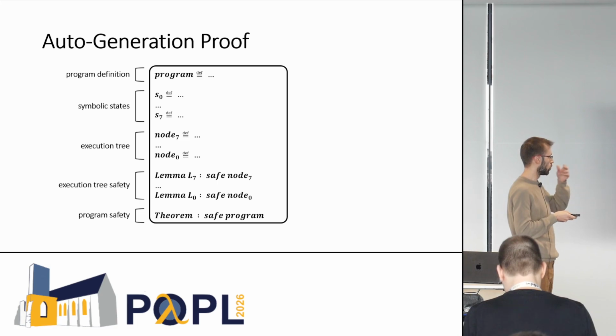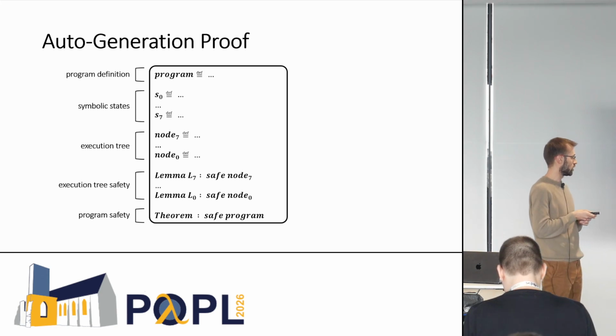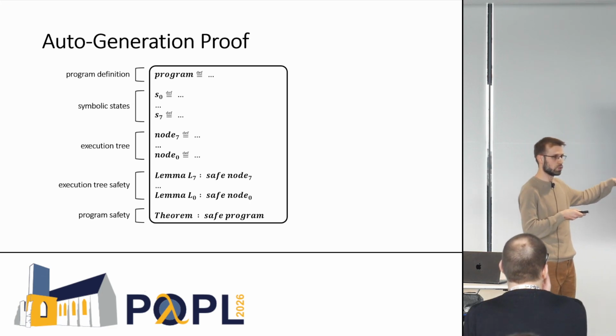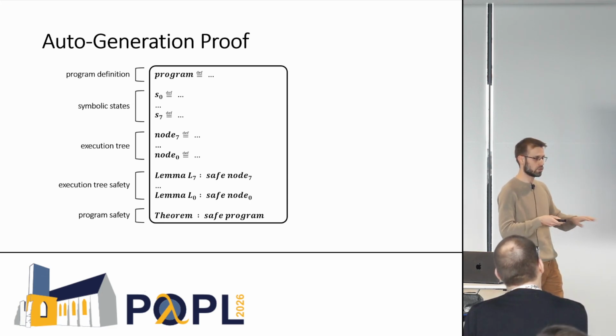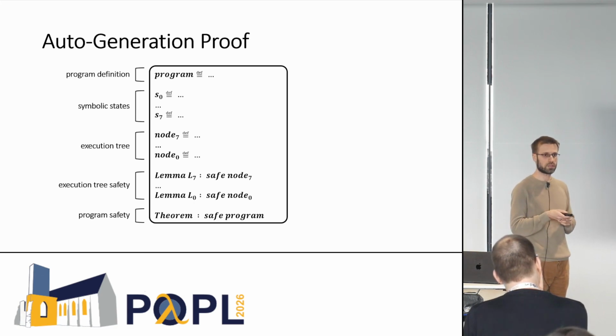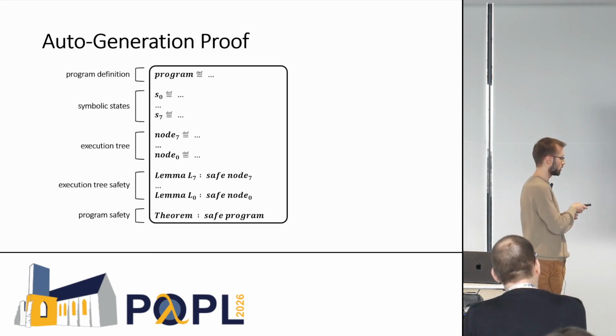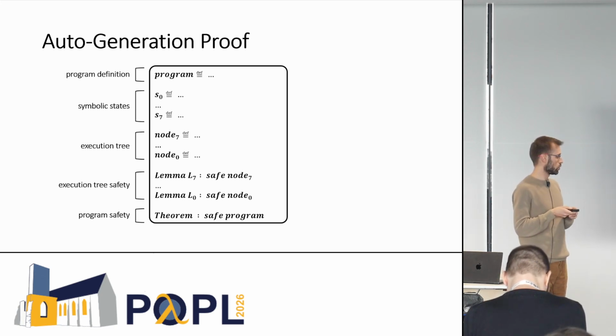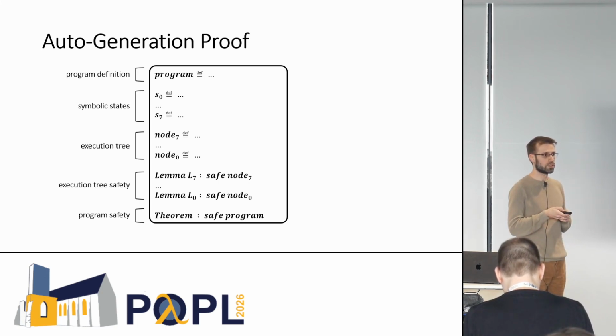Then we define the nodes of the execution tree, and here we prove that this tree is safe, and we do it in a bottom-up manner, which means that we first show that the leaves are safe, then we show that their ancestors are safe, and so on until we get to the root of the tree. Once we prove that the whole tree is safe, we can apply the previous theorem and conclude that the program is safe, again with respect to the concrete semantics.